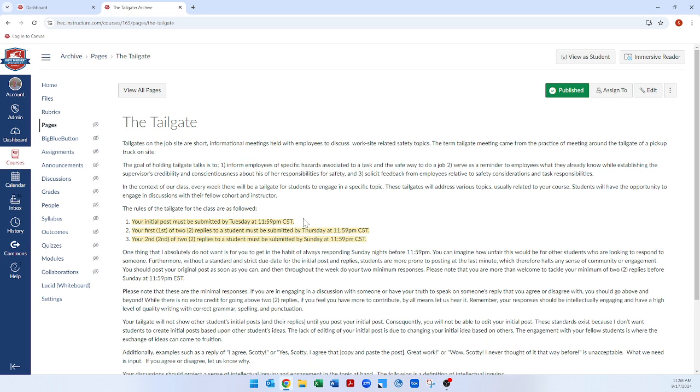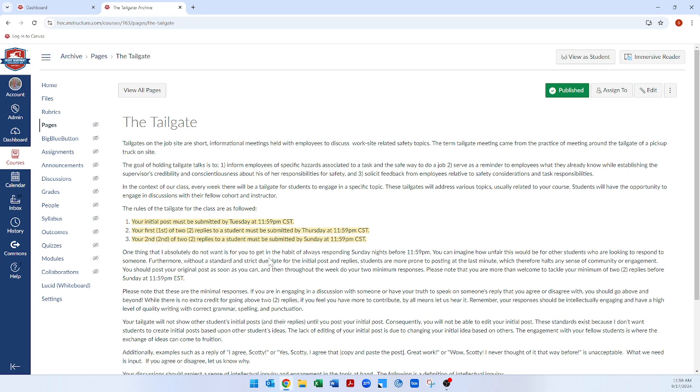Once you post that, you will be able to see what other students are posting. But until you post your initial post, you will not be able to see what other students are posting, so it will be very difficult to reply to something that you can't see. So get that done first.